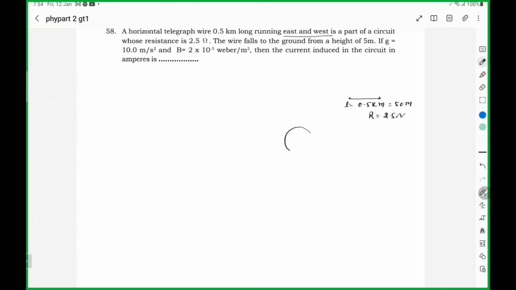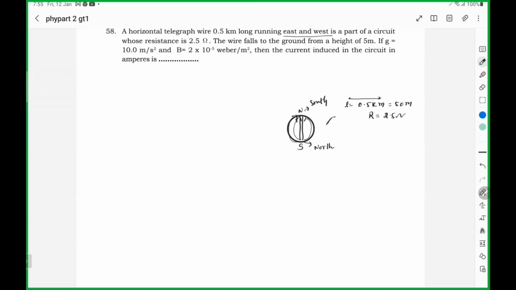Here it's the Earth, with the geographic North Pole and geographic South Pole. At the same time there is the magnetic North and magnetic South Pole. Field lines will be from magnetic North to magnetic South.